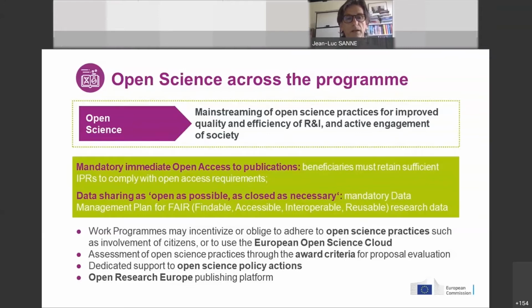So we are pushing to have this data sharing as early as possible, but that means, of course, that people also have to think about intellectual property. This is based on the FAIR principles: findable, accessible, interoperable, and reusable.